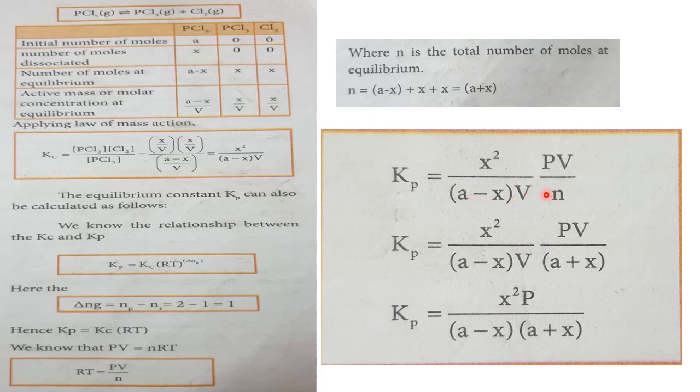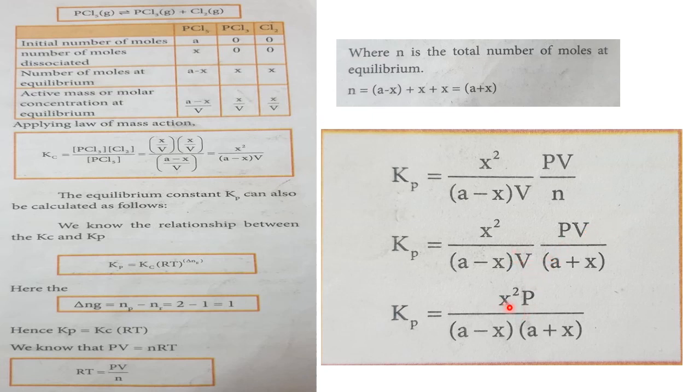Then instead of RT, we already calculated RT is equal to PV by N, so write PV by N in the first step. In the next step, instead of N we write A plus X, the total number of moles. So the equation is X square divided by A minus X into V, into PV by A plus X. Then V and V, the common terms, cancel.